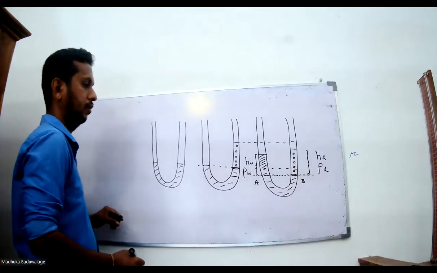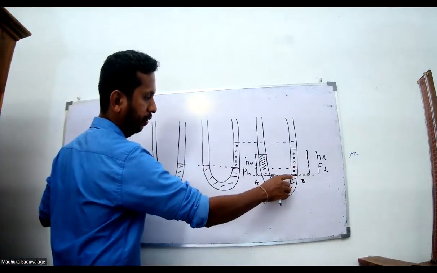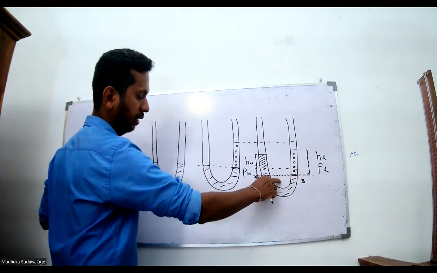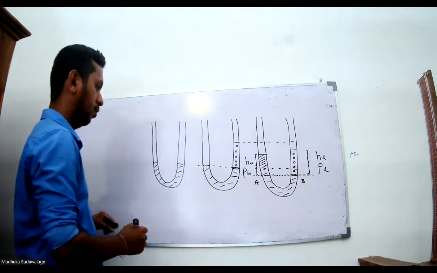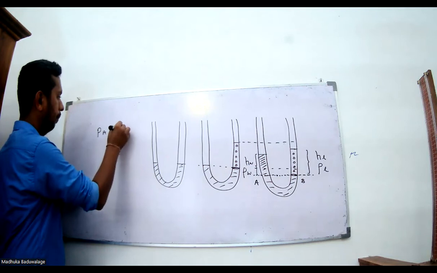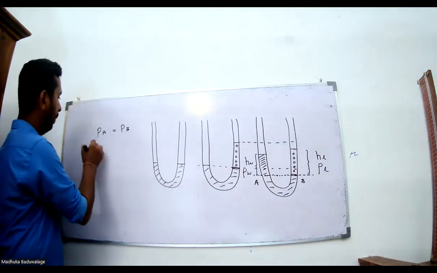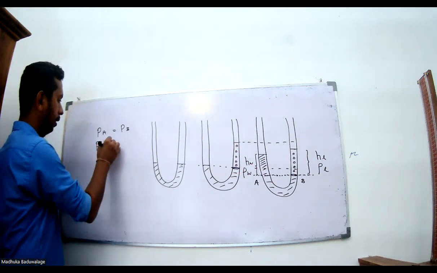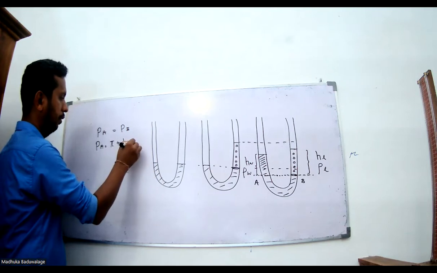So we know the pressure at point A is equal to the pressure at point B, because in a homogeneous liquid at rest, pressure is equal at the same horizontal level. So PA is equal to PB. We know PA is equal to atmospheric pressure plus HW rho W g.